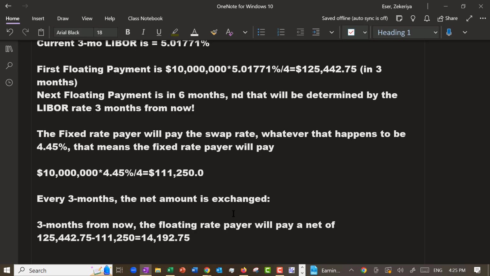What's going to happen on the second payment? That depends on the LIBOR. If the LIBOR is lower, this guy is going to pay a little bit less. If it's higher, they're going to pay higher. Remember, if you're a floating rate payer, you are receiving fixed rate. If you're a fixed rate payer, you are receiving floating rate.